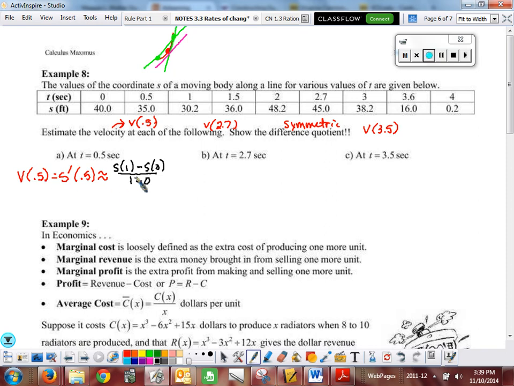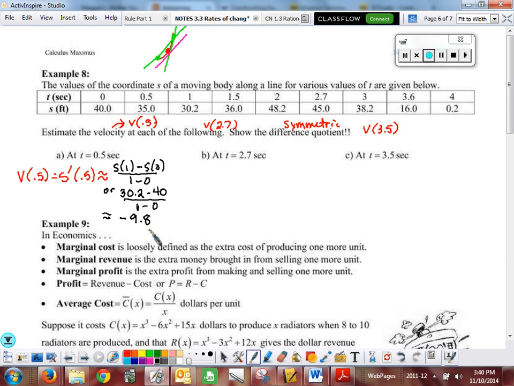Now it doesn't really matter whether you show it using the function notation or you could show it by actually putting the values in, and you could do your 30.2 minus your 40 over your 1 minus 0. It doesn't matter which of these you show, but you must show one of them, and then you must go to your final answer, which, you know, this isn't that hard. 30.2 minus 40, negative 9.8.